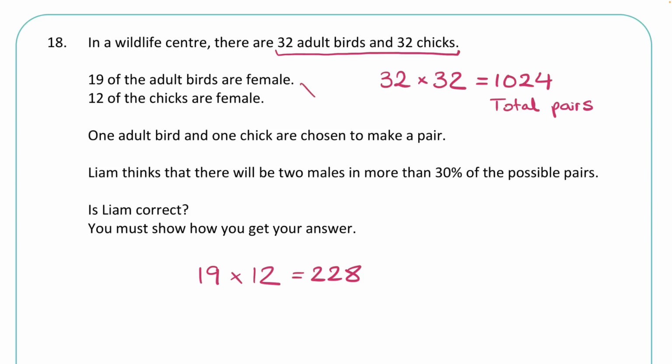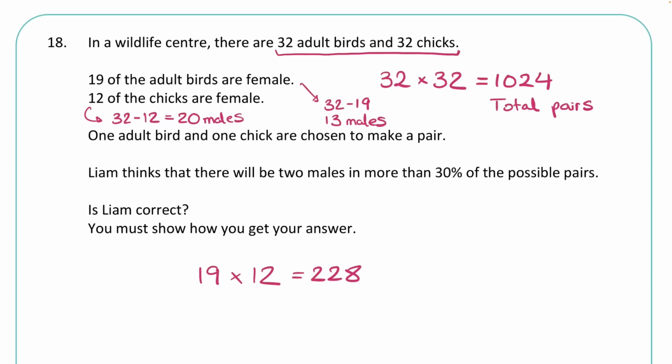For the adults, we do 32 minus 19. 32, take away 19, gives us 13 males. And for the chicks, 32, take away 12, gives us 20 males.